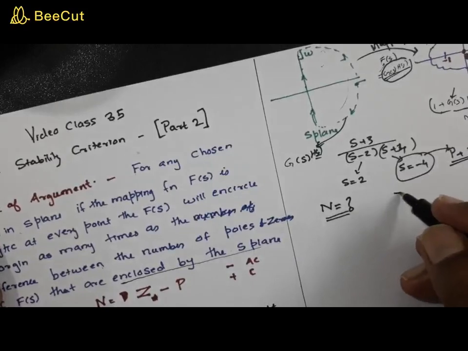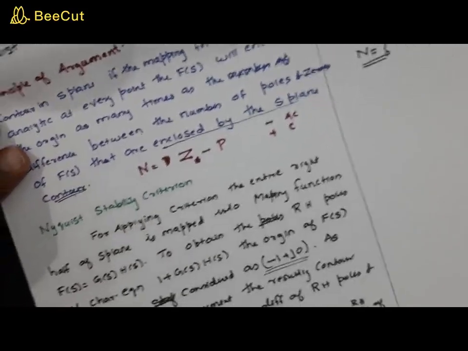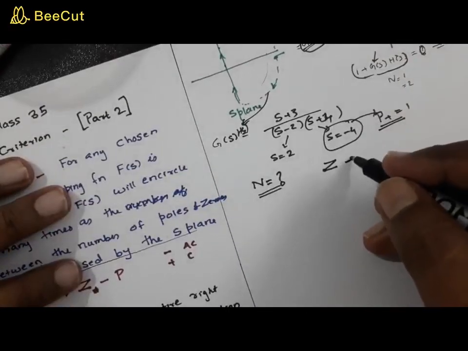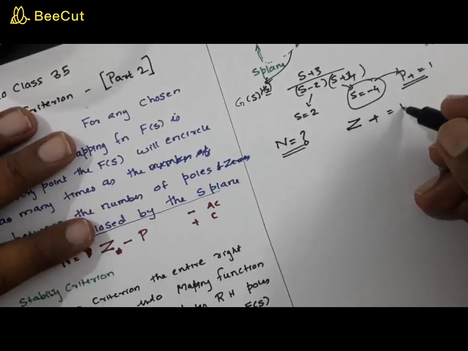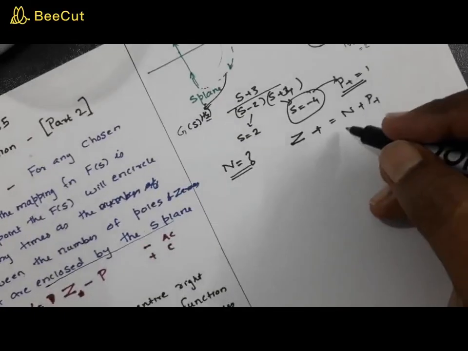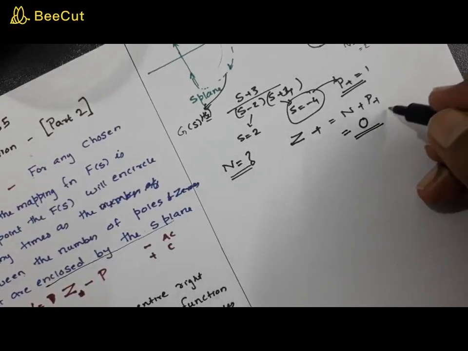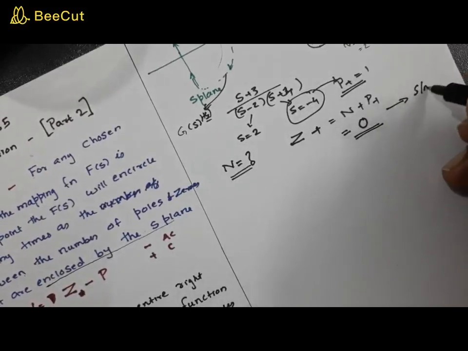Now from this you will be able to get Z plus, right? So from the principle of argument, this Z plus becomes equal to N plus P plus, right? And when you evaluate this, you need to get this to be equal to 0 for the system to be stable.